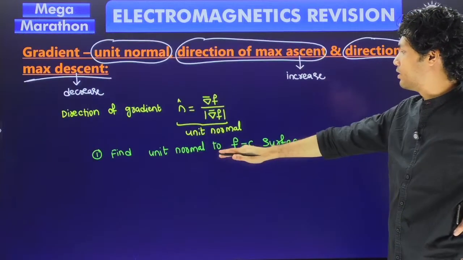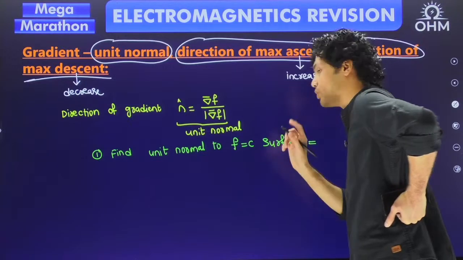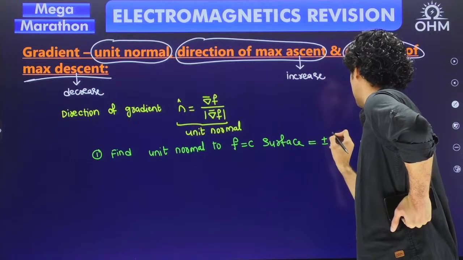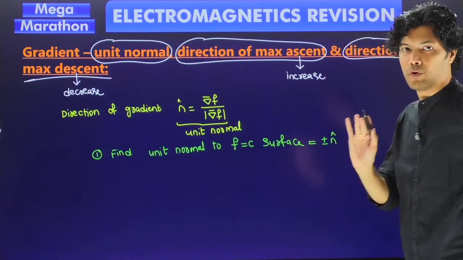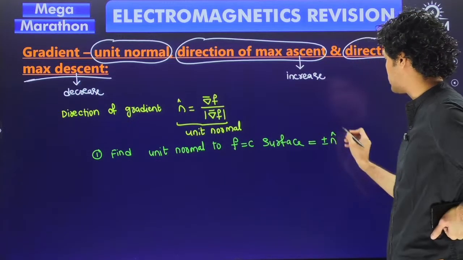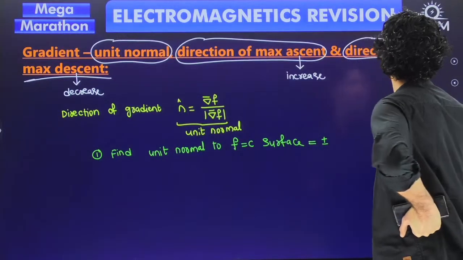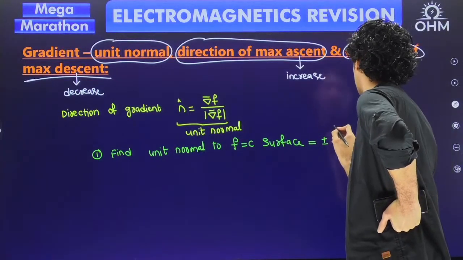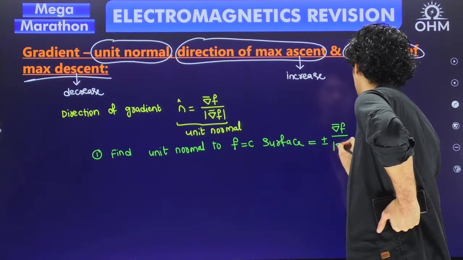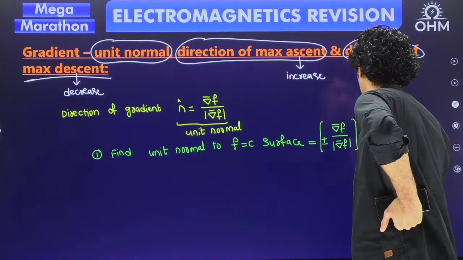So whenever you are asked to find unit normal to a particular surface, you'll have two possible answers: plus or minus n cap. And it need not be unit; if the question is unit normal, it has to be n cap only. You find this by means of gradient: gradient of the function divided by the modulus of gradient of the function, calculated at the given point of interest.